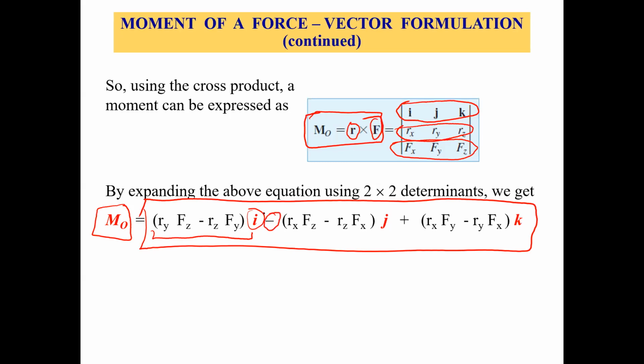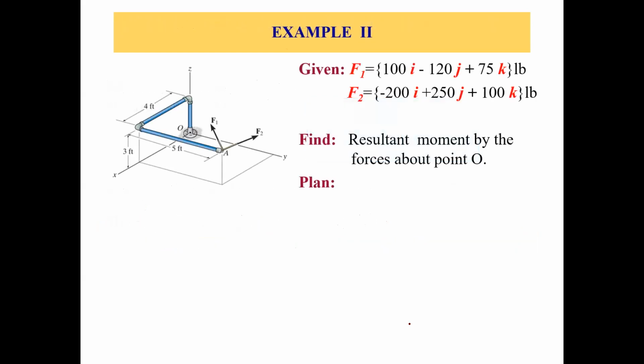And note that we have a negative sign for the second term of this 3x3 determinant, so negative j times (rx Fz minus rz Fx), plus k times (rx Fy minus ry Fx). Just expand this 3x3 determinant and you'll get this equation to determine the moment in vector form.